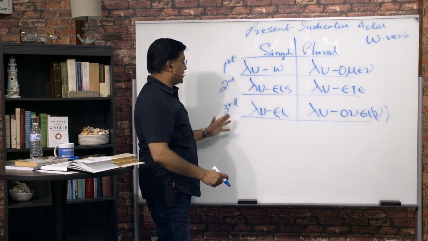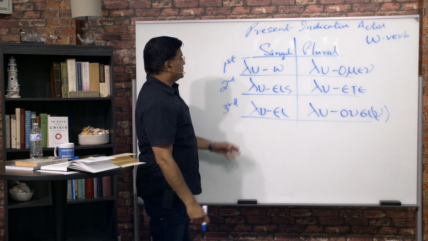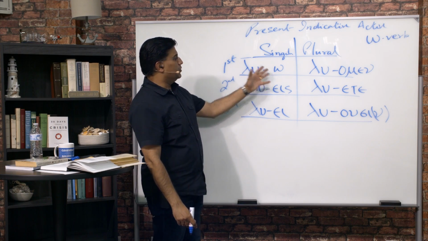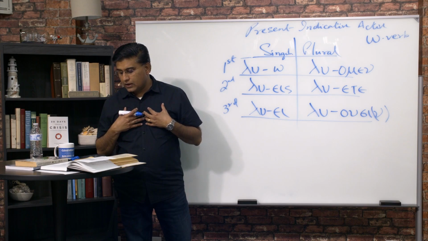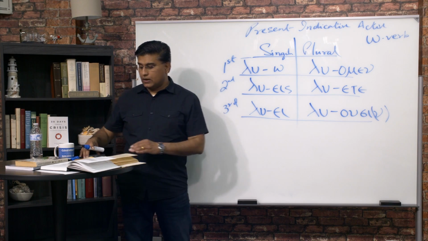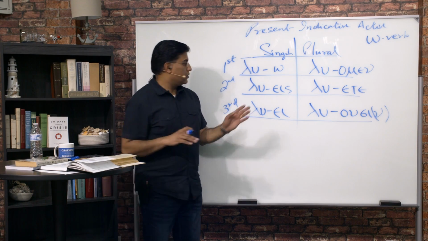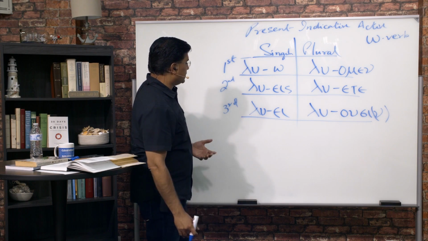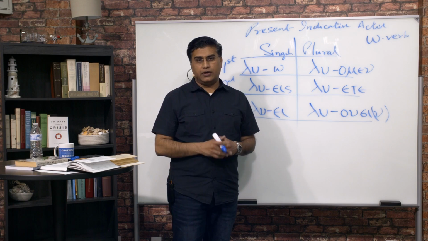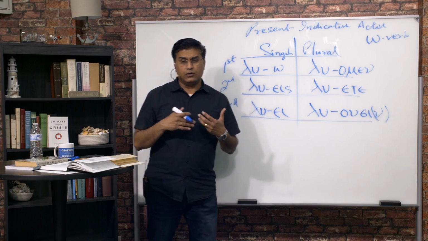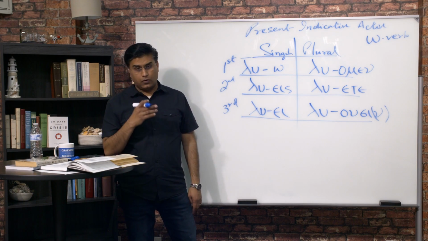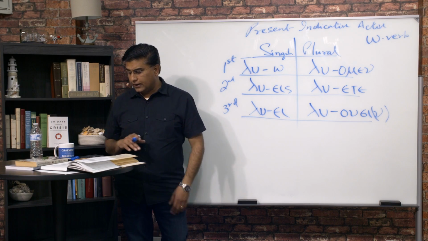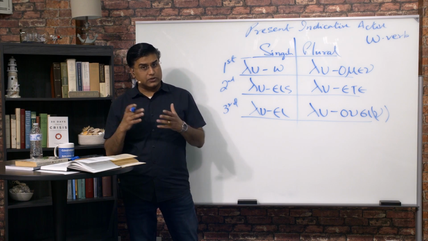Singular, plural, first, second, third persons. First person is luo, I lose, or I am losing. Second person singular, you lose, or you are losing. Third person singular is he, she, it loses, or he, she, it is losing.